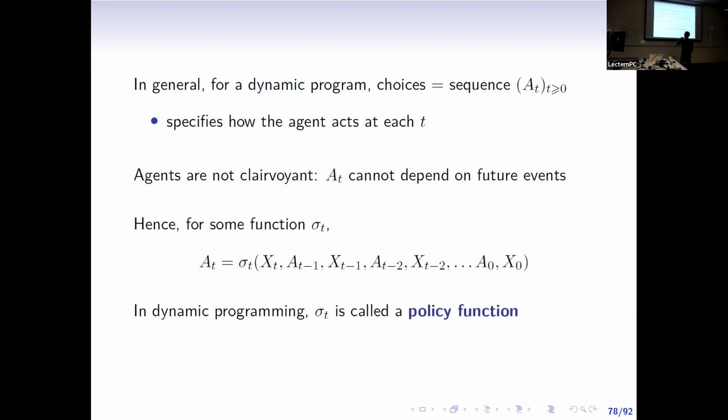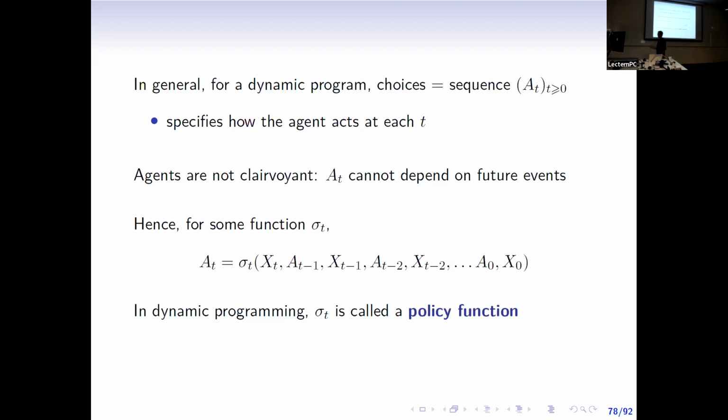In particular, when we think of action, the action at time T can only depend on past history, or history up until time T. So we could think in a really general sense of the action being a function, sigma T, of the elements of the process that we've observed up until time T, which is basically lagged states and actions.